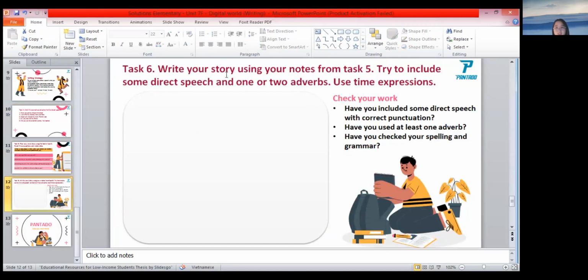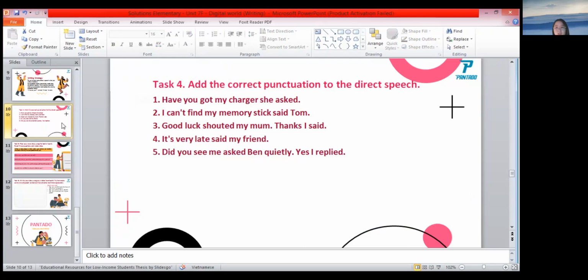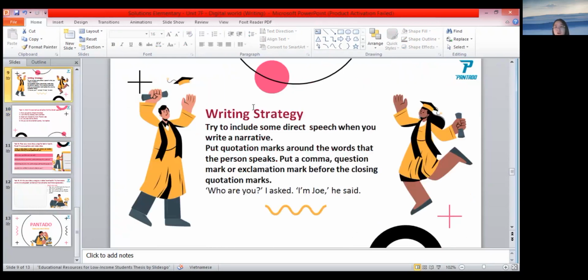Okay, it's quite long. You have to write your own story, use time expressions, use some direct speech, and some adverbs as well. So I want you to spend more time in the next lesson to write your own story. Okay, so just try to understand this writing strategy.